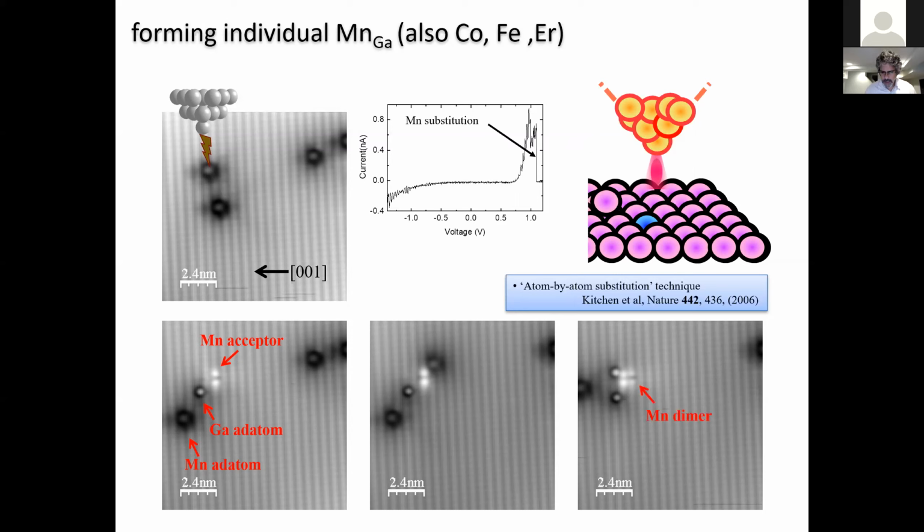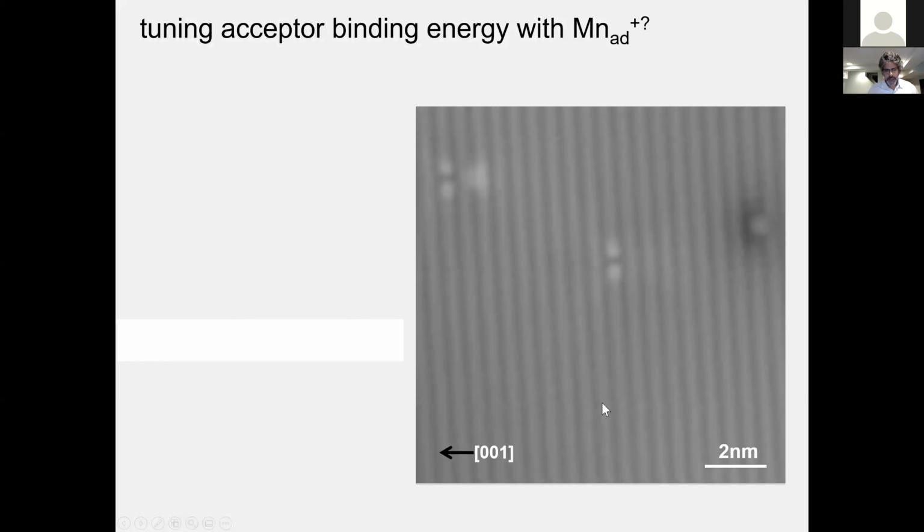Okay, so I'm going to show one example of some of the science that we do, where we automatically controlled the distance between one of the surface atoms, and it turns out that those are charged. One of these manganese we call a manganese acceptor, which we implanted into the surface.